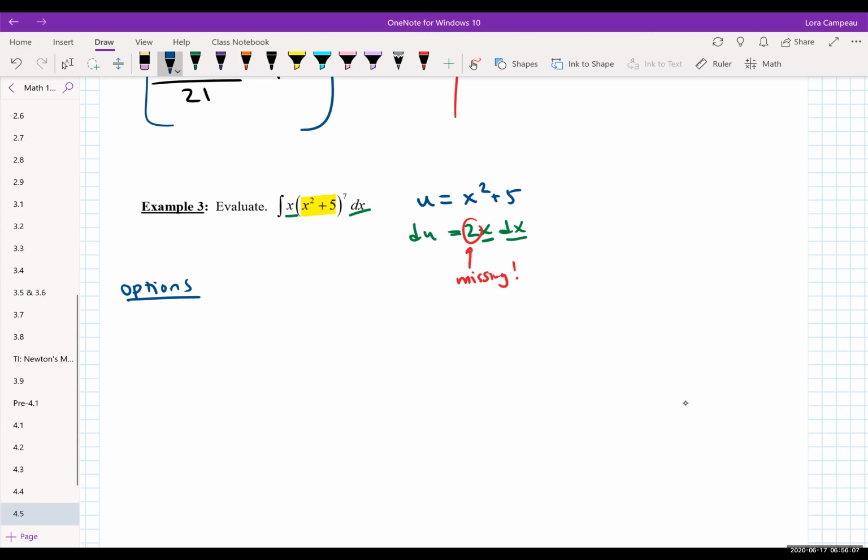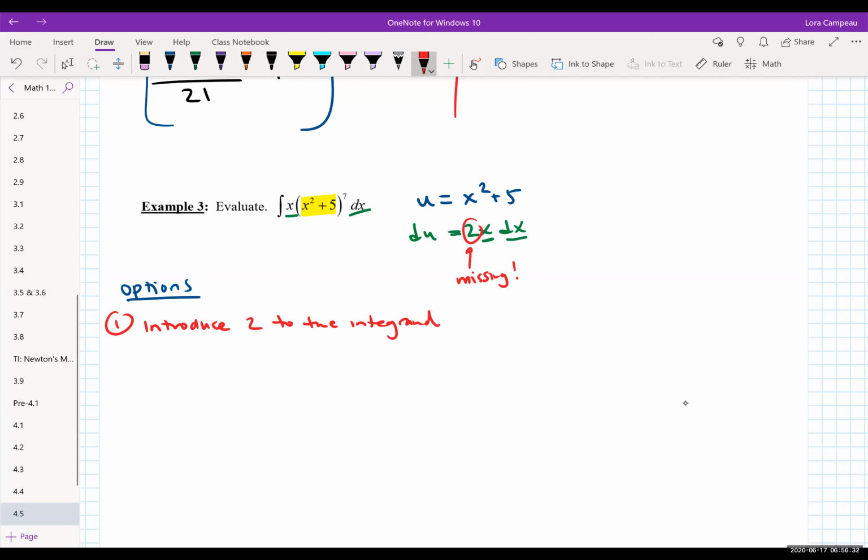Either will work. One of the things you can do is introduce, it's a nice math trick we end up doing, introduce 2 to the integrand. But you can't just do this at will. You have to do this logically with mathematics.